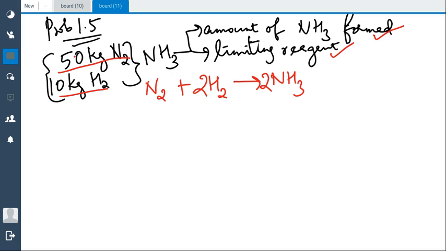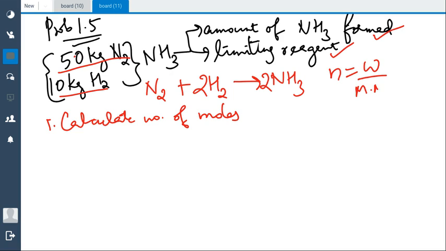So our first step is to calculate the number of moles. What is the formula of number of moles? Given mass by molar mass. The given mass should be in grams.